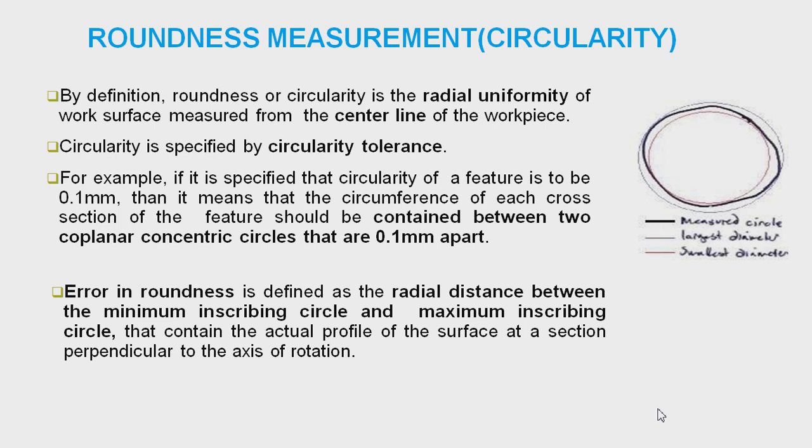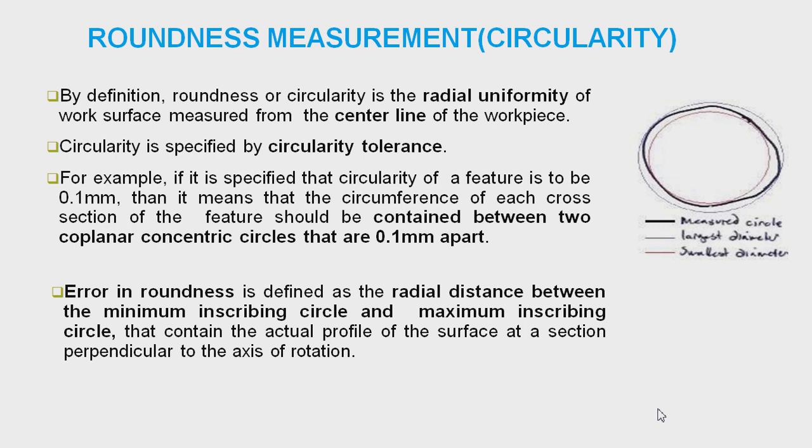This roundness measurement is specified by circularity tolerance. For example, if it is specified that circularity of a feature is to be 0.1 millimeter, then it means that the circumference of each cross section of the feature should be contained between two coplanar concentric circles that are 0.1 millimeter apart, as shown in figure.